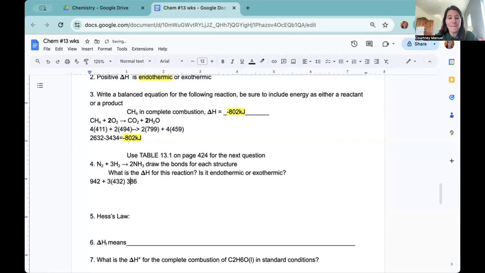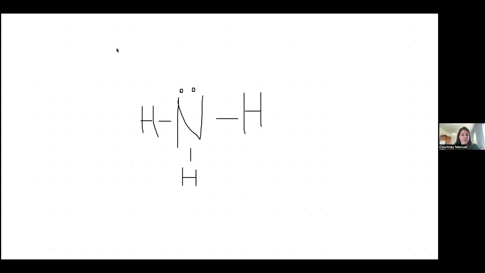Now, how many? That gets to be the biggest problem. So our N to H, I'm going to actually pull up our whiteboard so you can see this. All right, we're going to have our N right here in the middle, and it's going to bond to our H, and it's going to bond to our H, and it's going to bond to our H. Now, nitrogen has 5 valence electrons, so it has actually 2 valence up here, which don't matter for our bonding.